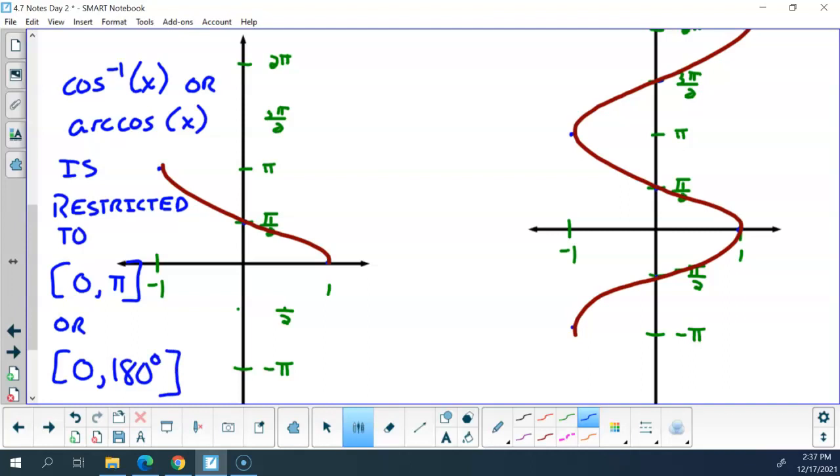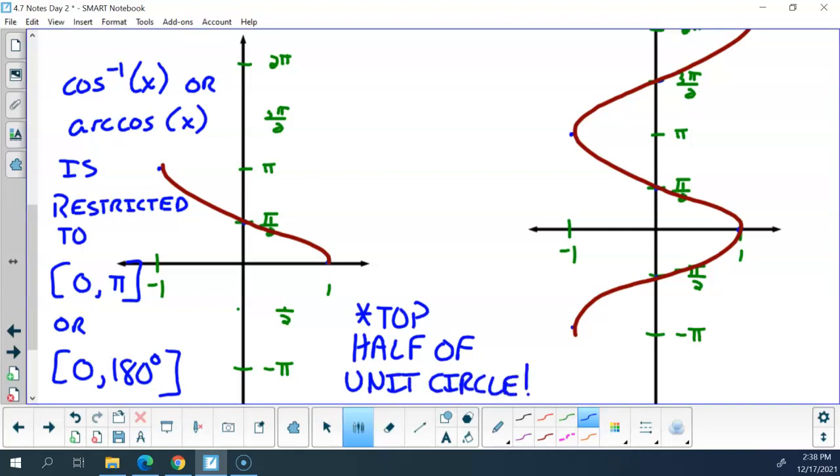I would agree too. Which means, where are we? The top half of the unit circle. So sine is on the right half, cosine is on the top.